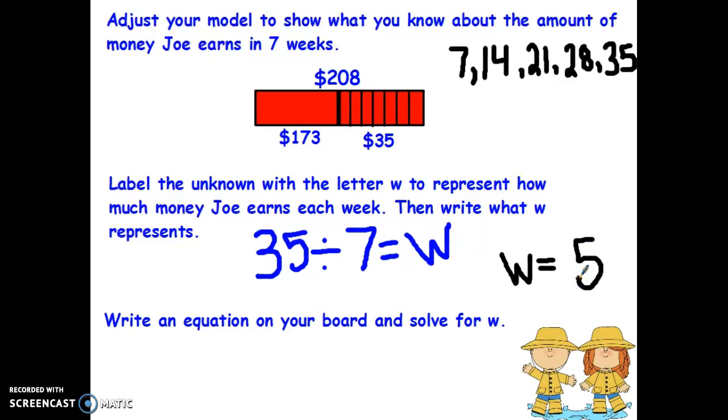However, we can also check our work and make sure that 5 is the correct answer. There is another strategy we can do. We can count by ones and put 1 in each group until we get to 35.